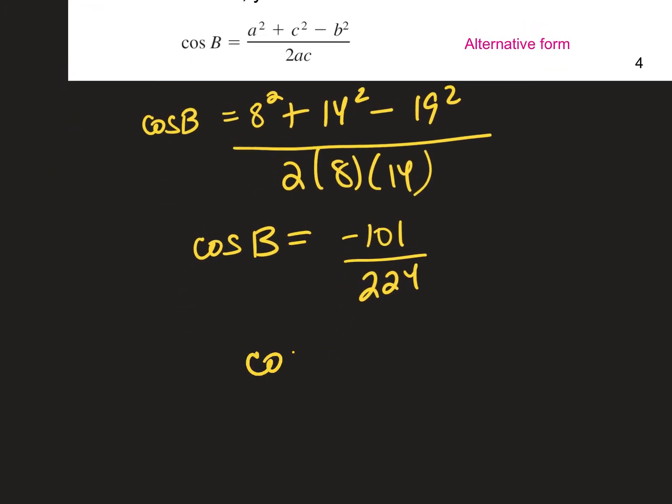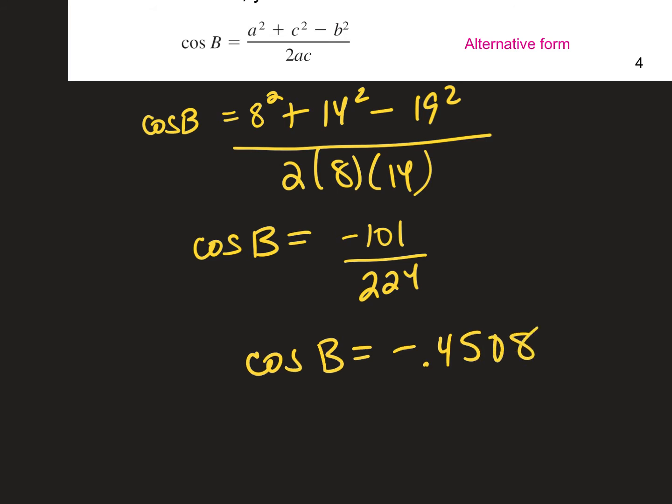So I get the cosine of B equals what? What's -101 divided by 224? You did -101 divided by 224. It's -0.4508. Do it again, Camila.